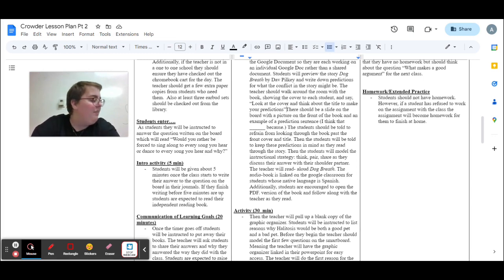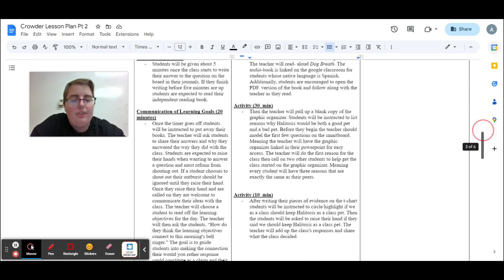And then I also had thinking aloud. So, think aloud happens when I ask them to help me fill out the first section of that graphic organizer, and they guide me through their thought process, and then I can give that immediate feedback, which connects with formative assessment, like, yes, you're on the right track, or no, we need to try again.